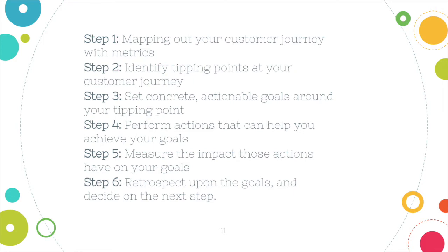Or if this area of your customer journey is already doing well after you have taken all these actions, you might want to shift your attention to another part of your customer journey. And then it goes back to number 2, and the entire process repeats from number 2 to number 6, which makes it continuous.